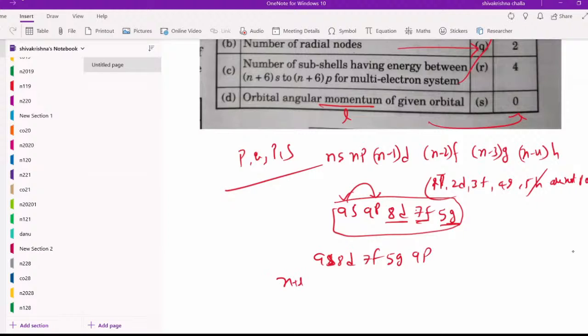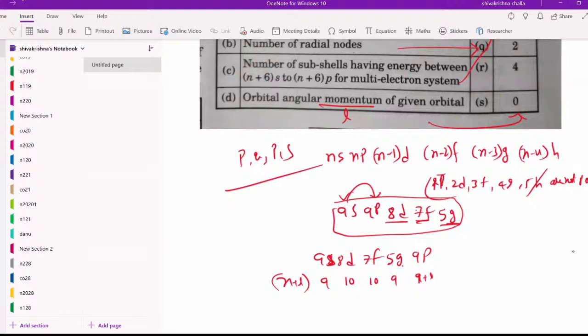You write the N plus L value. 9s: 9 plus 0, 9. 8d: 8 plus 2, 10. 7f: 7 plus 3, 10. 5g: 5 plus 4, 9. And 9p: 9 plus 1, 10.